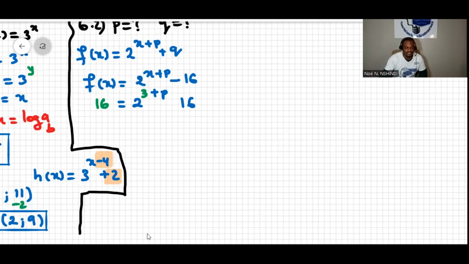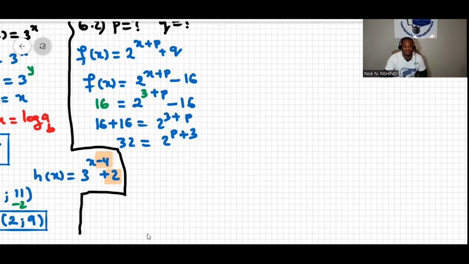If I move negative 16 over, we'll have 16 plus 16 equal to 2 to the power of 3 plus p. And that makes 32 equal to 2 to the power of p plus 3.